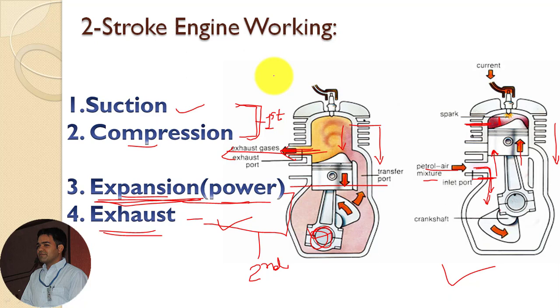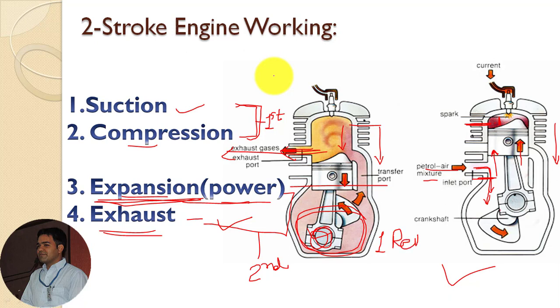So this is the whole power generation cycle of the two-stroke engine, which is completed by the piston's movement two times only, and during this two times movement of the piston, or you can consider the two strokes of the piston, our crankshaft rotates only one revolution. Okay, only one revolution.